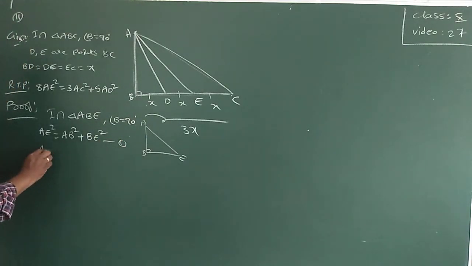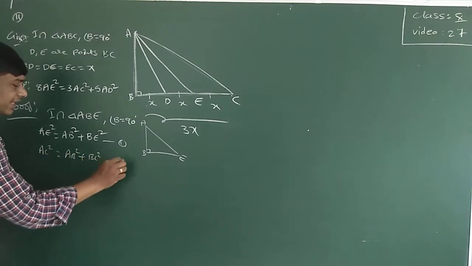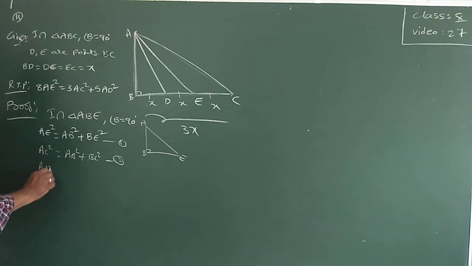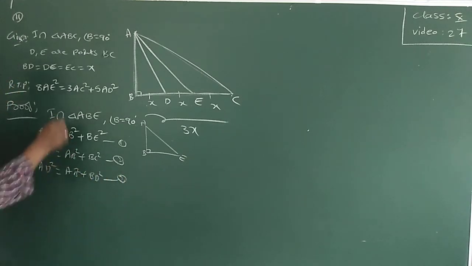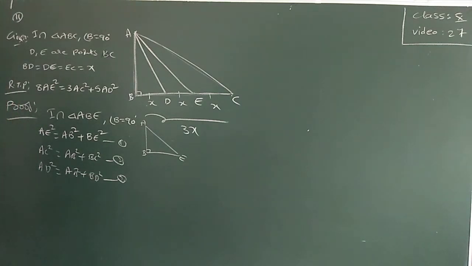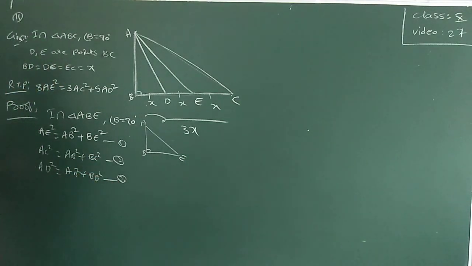Another is AC square is equal to AB square plus BC square. And another is AD square is equal to AB square plus BD square. Replace these, interlink the relation, and add these equations. You will get the third one. Understood? Equate these two, add, and simplify. We will get this one.